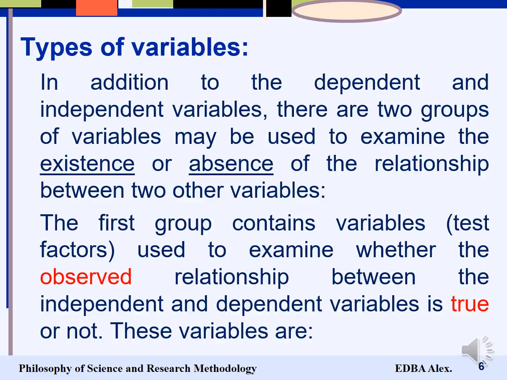So the first group of variables, we use them in order to make sure that the observed relationship is true, not false. Okay? And the other group, well, it will be another story. So let us first focus on these kinds of variables, the test factors that can be used to examine whether the observed relationship is true or false.